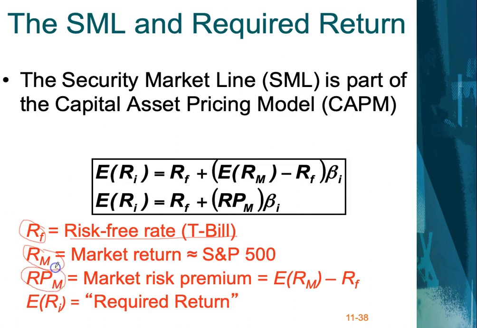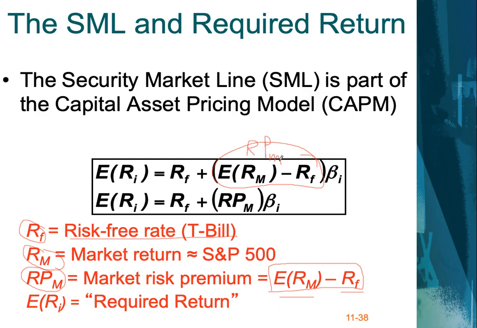RPM is the market risk premium, and when you see this equation, that is the market risk premium: the expected market return minus the risk-free rate. Note that this box is the capital asset pricing model, and this component is the market risk premium, RM minus RF. The terms are interchangeable.